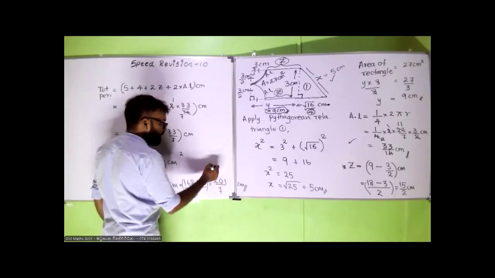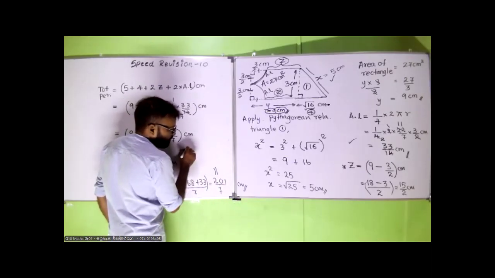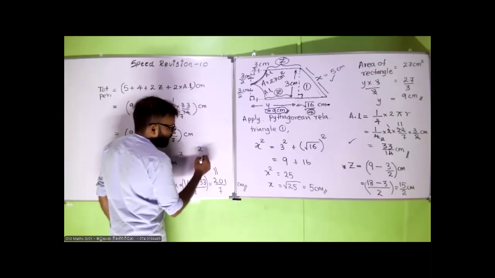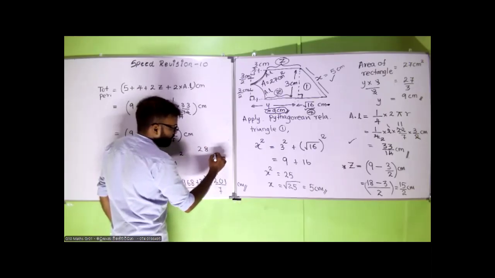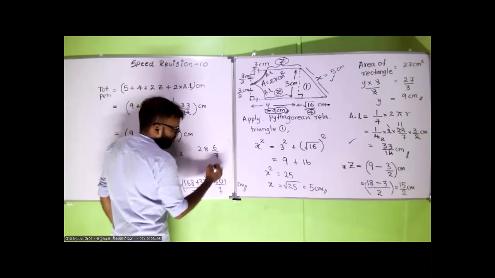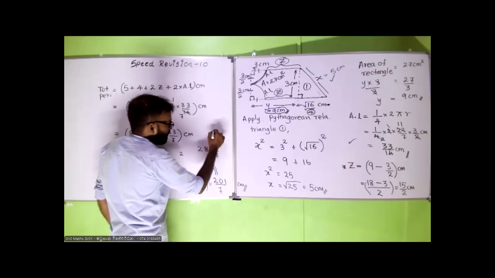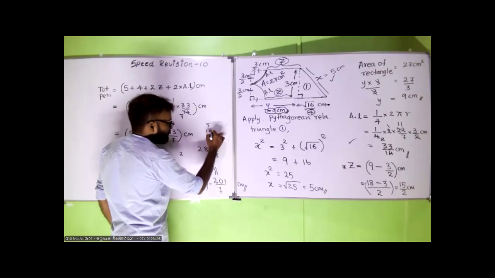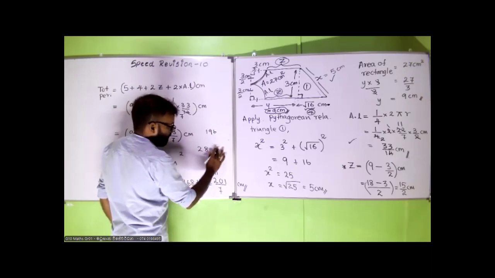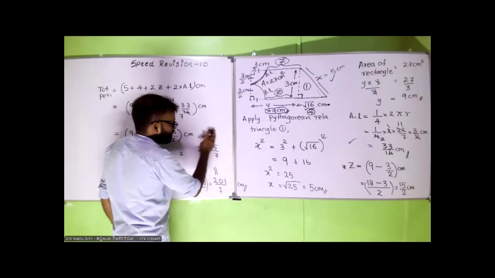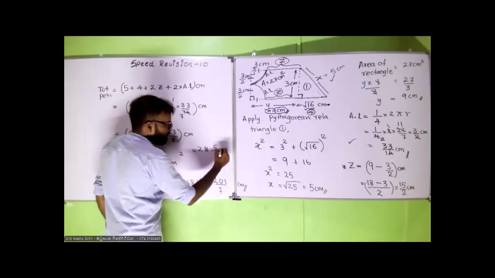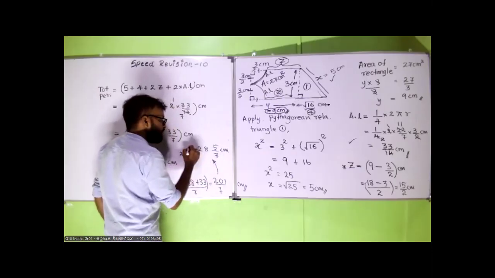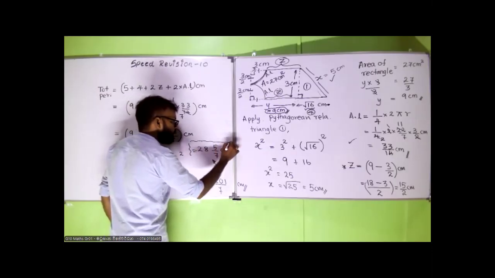If you want, you can keep it as a mixed number: 7 times 8, 56, 7 times 2, 14... the remainder is 5. So this should be your final answer if you keep it as a mixed number.